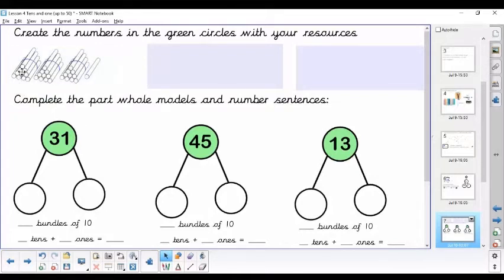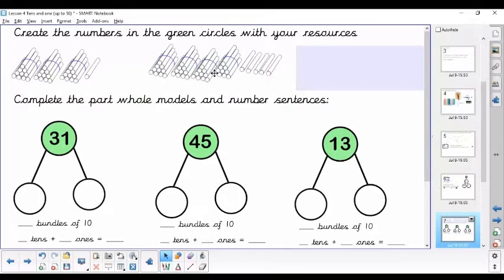I had 3 bundles of 10 and I had 1 left over. Have a go at the next one here. Okay, this is what mine looked like. I had 4 bundles of 10 and I had 5 individual straws left.